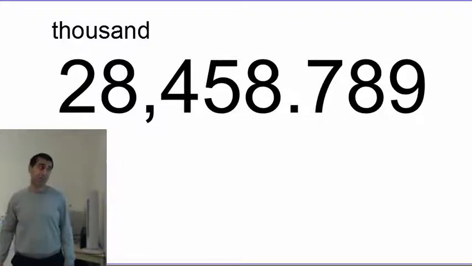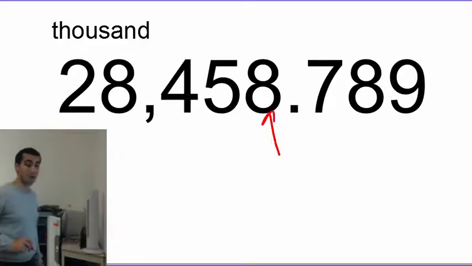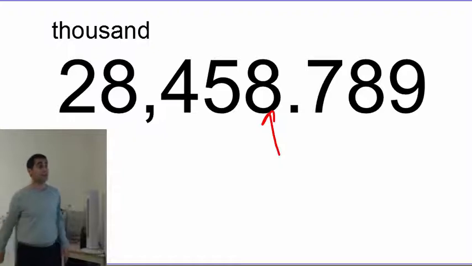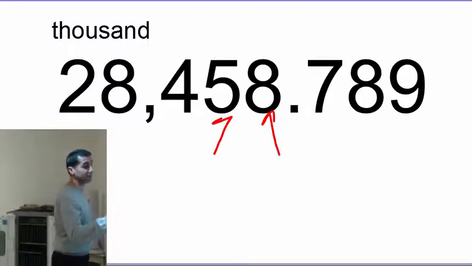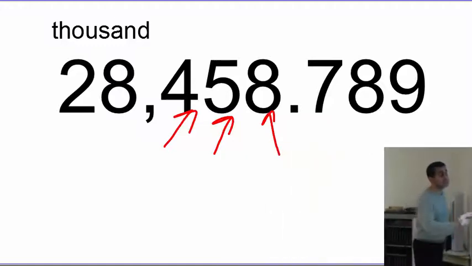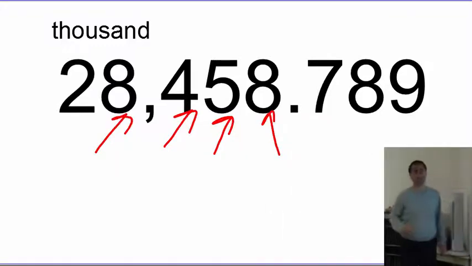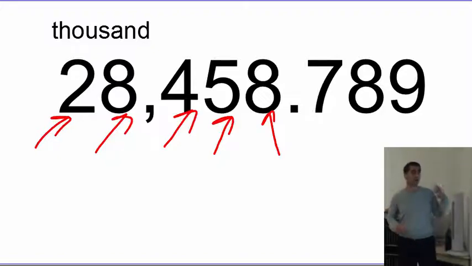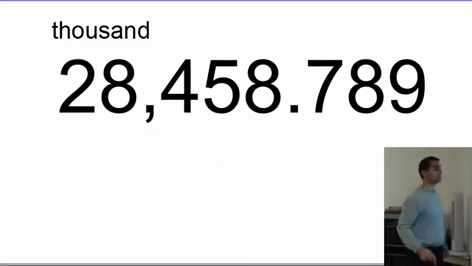Which one is the thousand number? I know after the decimal, this is the ones or regular numbers or whole numbers as it is known. And then we have 10, 100, 1000. That's the one. And the next one is 10,000. But we don't have to deal with that right now.